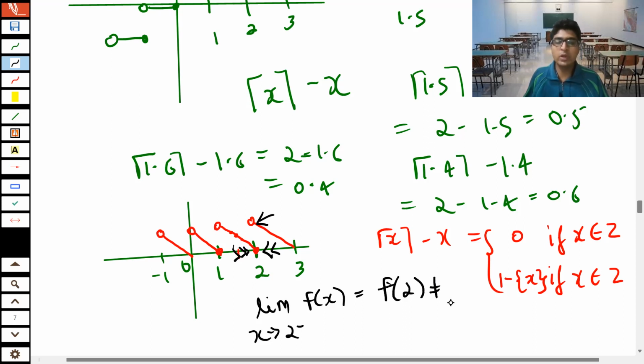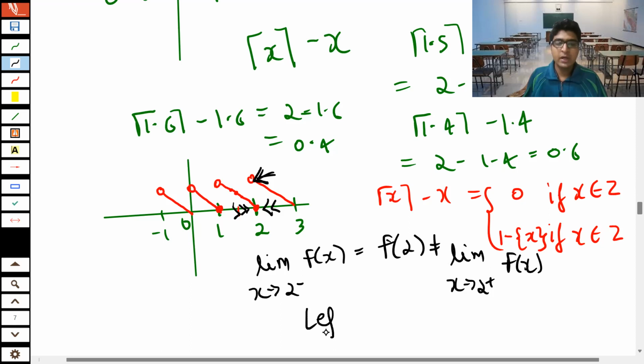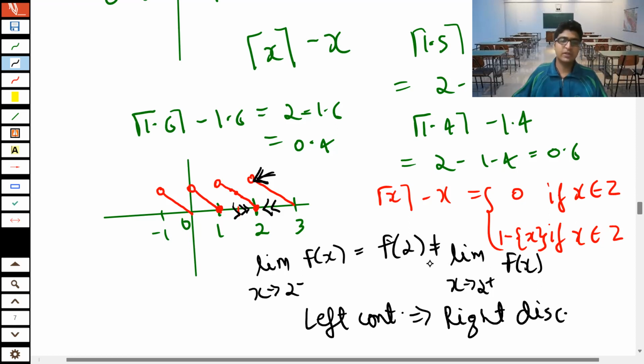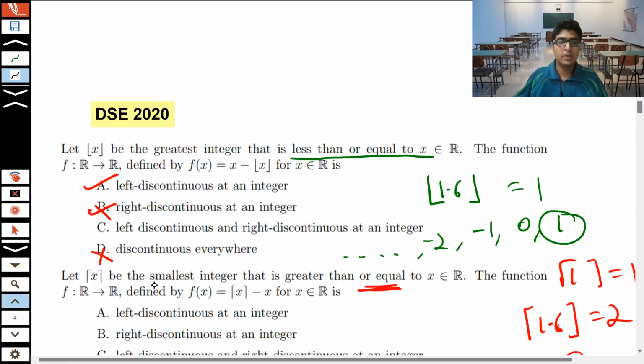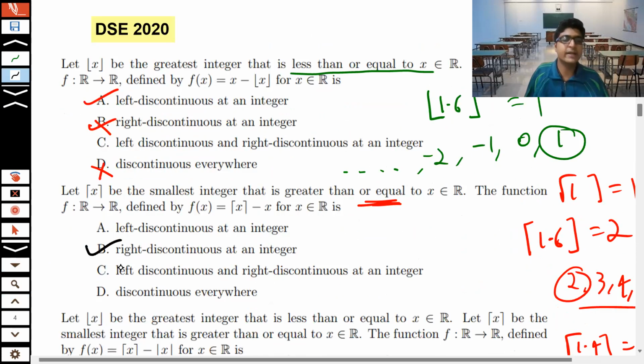Okay, but it is not equal to the limit as x tends to 2 plus of f(x), right? When you approach from the left, you are reaching toward this zero value which is at 2. Okay, so which means it is left continuous, which implies that it is right discontinuous. Okay, so this function is right discontinuous. So the answer is B, right discontinuous.